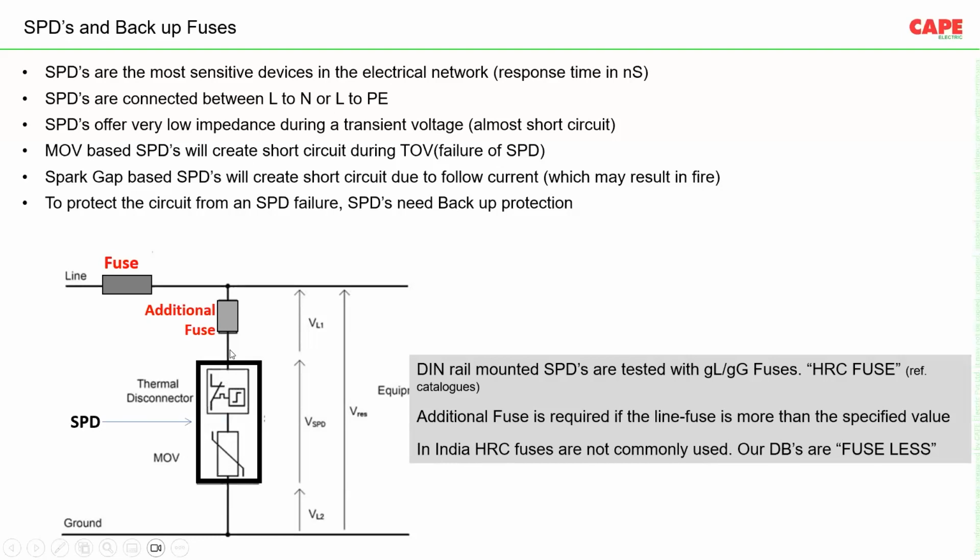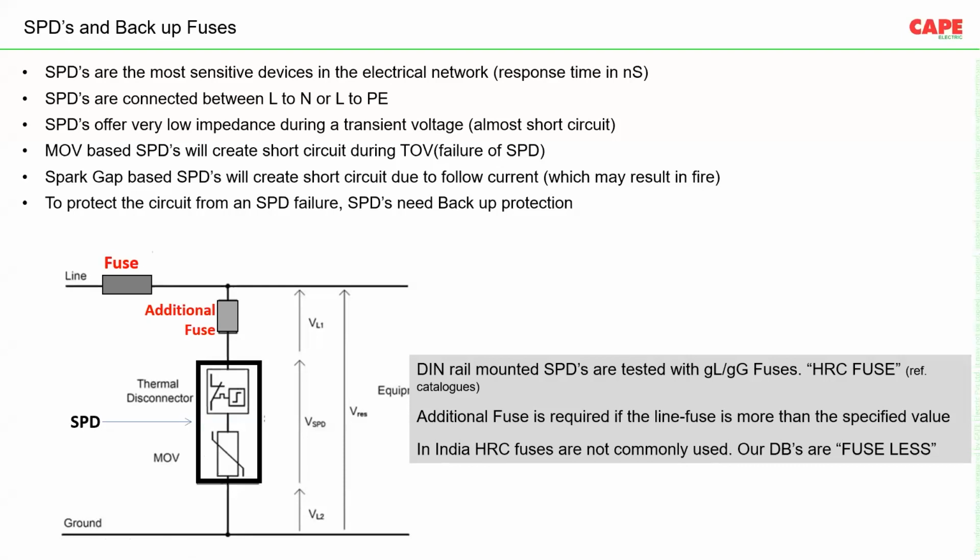There is a probability that the SPD can fail in a short circuit mode. Once an SPD fails in a short circuit mode, a short circuit current flows from the line or power source through the SPD into the earth or neutral, mostly into the earth. This short circuit current will have very high energy, and the energy dissipated during its conduction can cause a fire hazard.